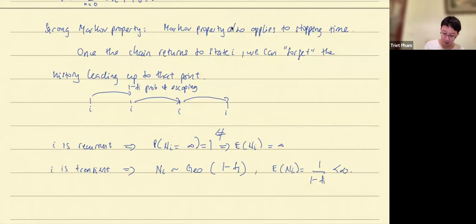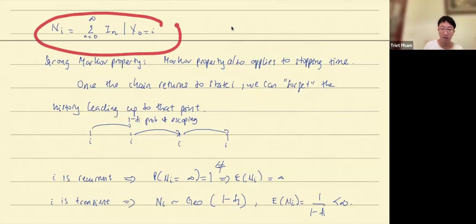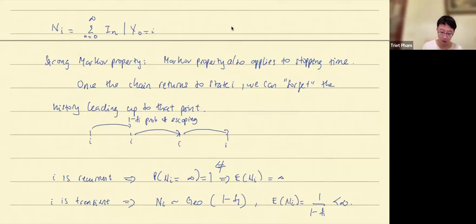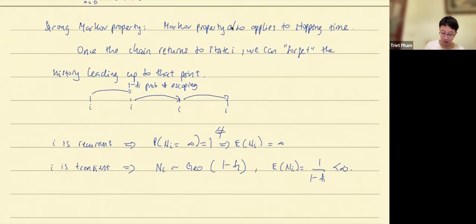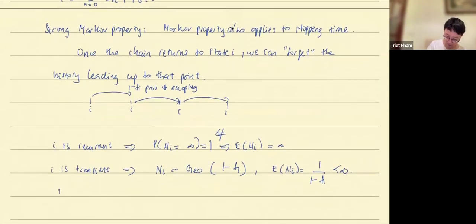And so, on the other hand, using the definition of Ni, we see that the expectation of Ni is the expectation of the sum.